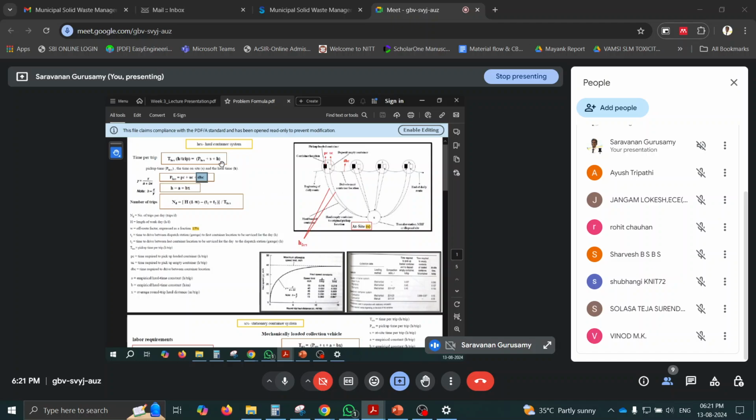And H is based on A plus B into X, the distance between the site and the location. This is the Hall. So this is the H. This is DBC. And the number of trips we can find by H into 1 minus W minus the summation of time required to travel, and then divided by time required for one trip. Then you will get number of trips. Okay. So the definitions and the units you can see here.